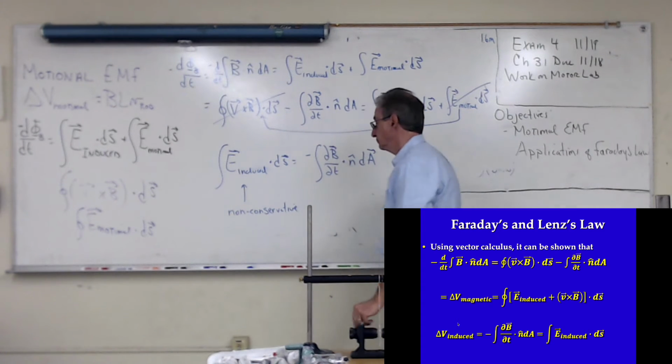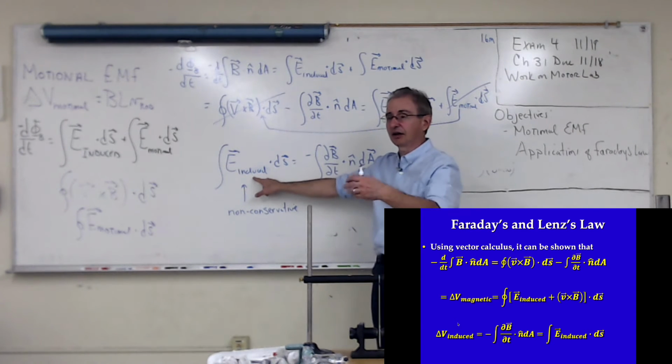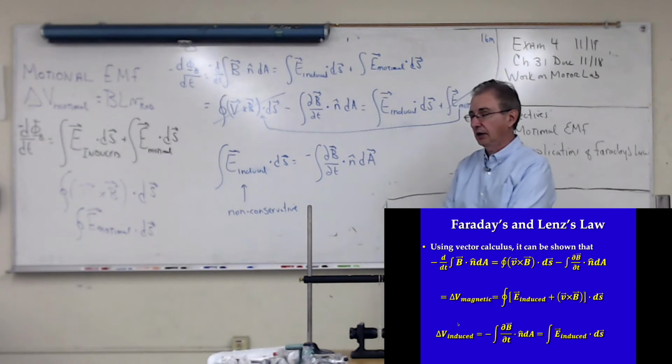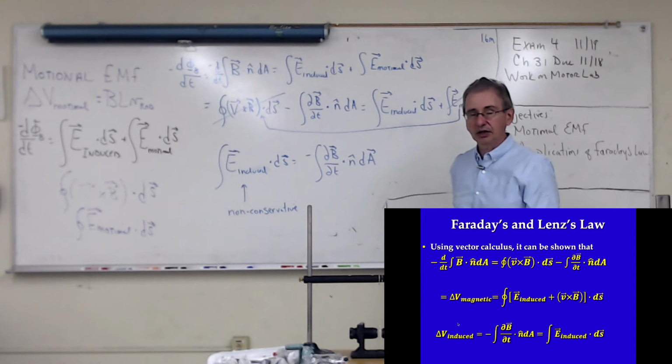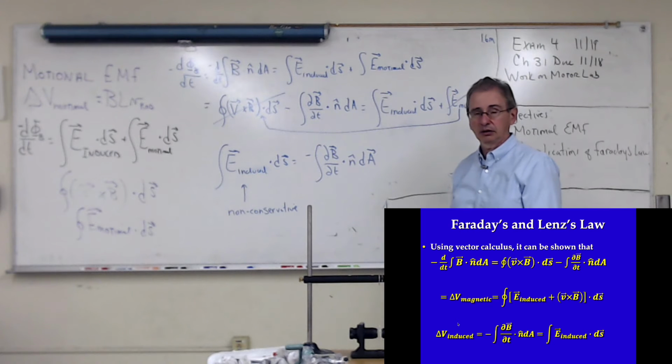Okay. So out of all this, if you're going to have an electromagnetic wave traveling through space, you have to have a time varying magnetic field. If the circuit is changing, the electric field that's induced is really more of a conservative field. Okay.